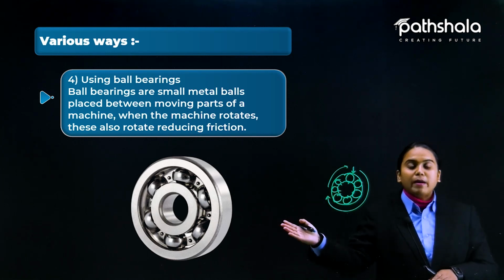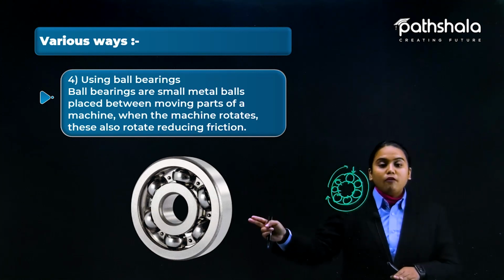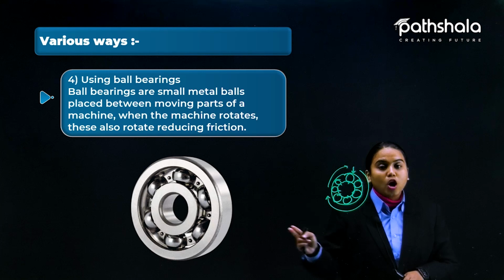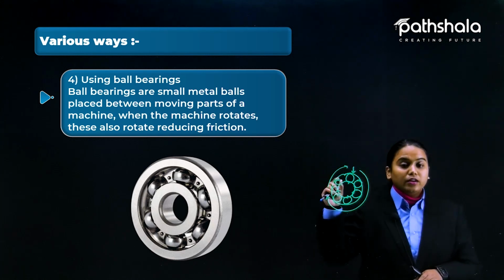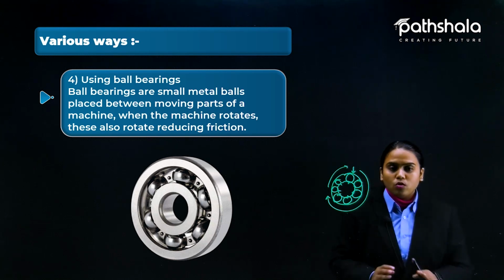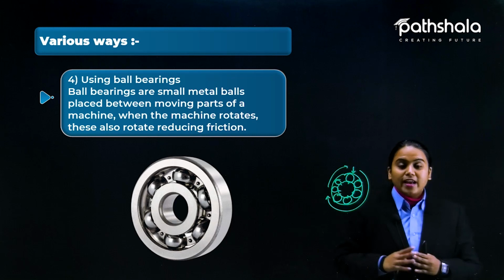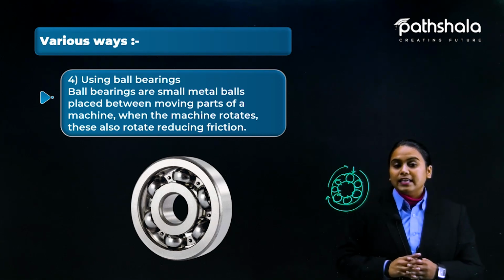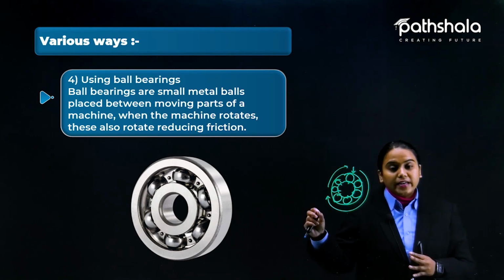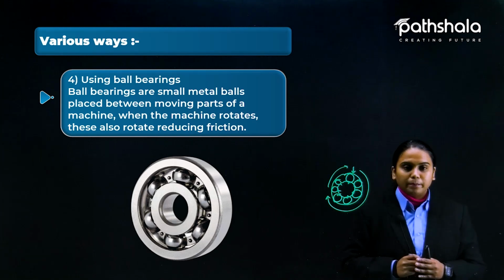So it helps us to reduce the friction. This kind of thing is known as ball bearings, and you might recognize it by seeing various parts at your home also, and if not, go and search for it. There are lots of examples you can see on the internet of machinery parts which have ball bearings inserted in them.